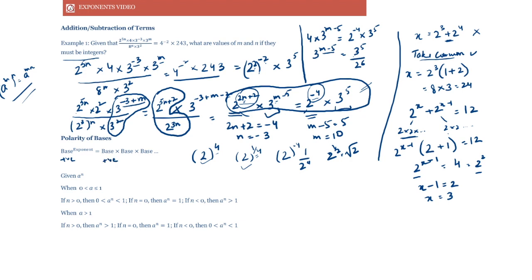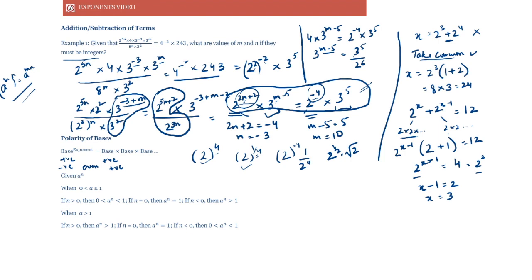But if the base is negative and we have an even exponent, then the term will become positive. If we have an odd exponent, then the term stays negative. So that is why it's a little harder to predict what happens when A is negative, because the overall term can be positive or negative.